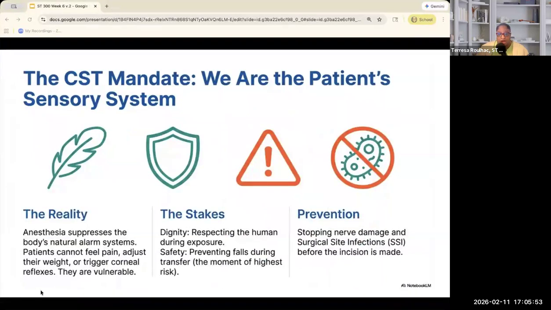One of the biggest things to think about is that when the patient is anesthetized, they lose the ability to sense any type of harm. That means that we become the patient's eyes, the patient's ears, and that proactive system. Remember, we're the advocate. Once anesthesia has been given, the patient cannot shift their weight.